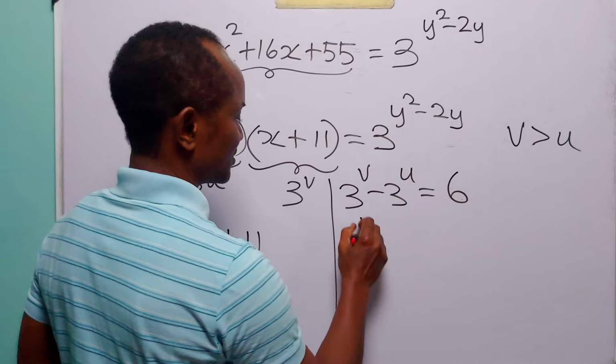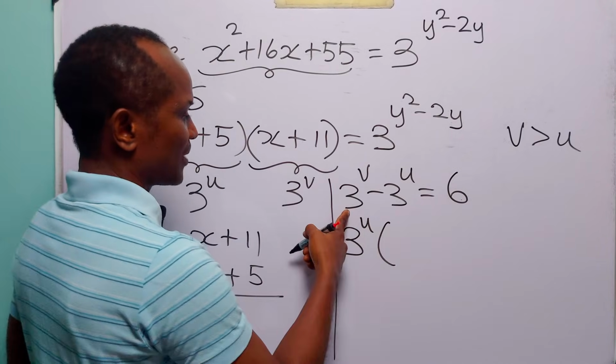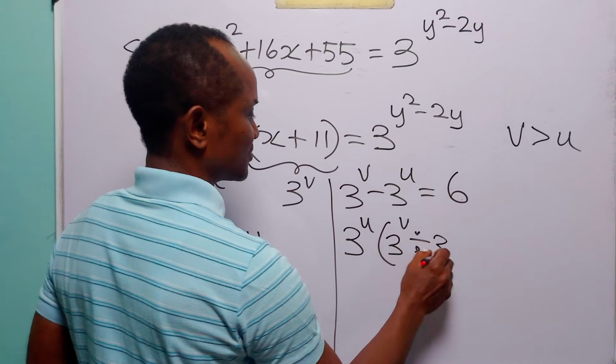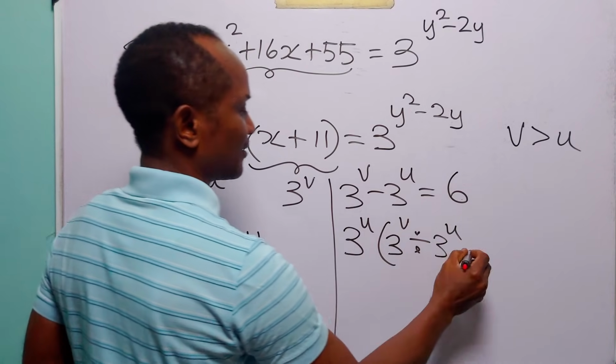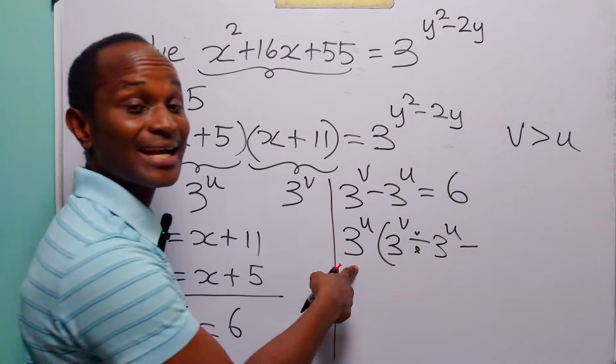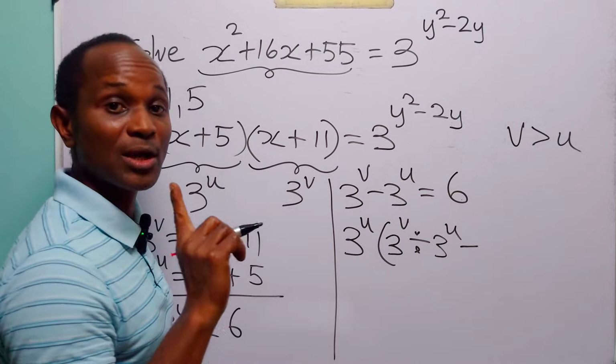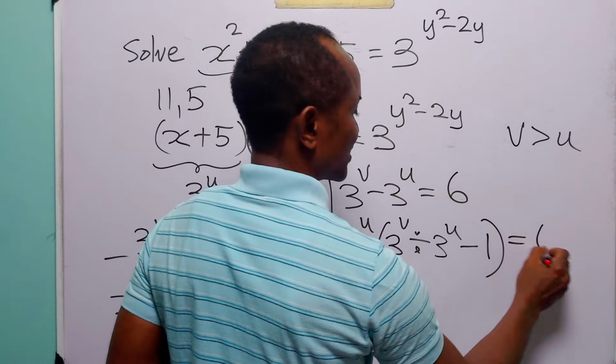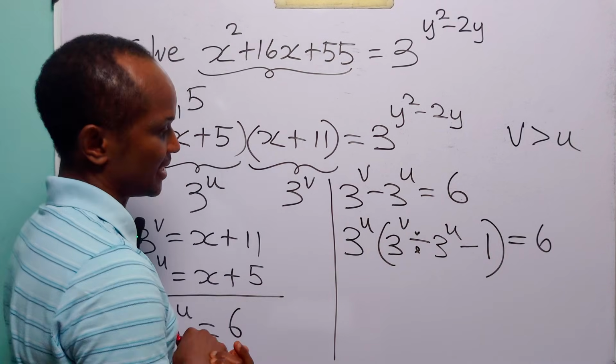We have 3 to the power u. Now here we have 3 to the power v divided by 3 to the power u minus 3 to the power u divided by 3 to the power u, which of course is equal to 1. So this is equal to 1, and we still have 6 on the right-hand side.